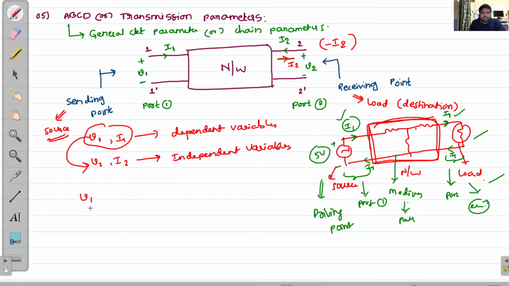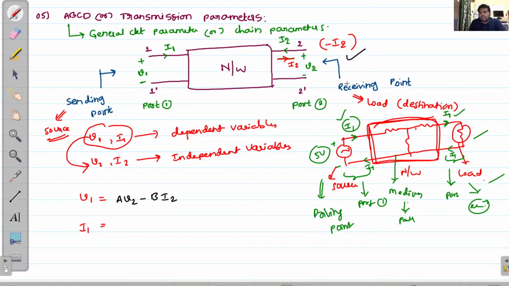Now we are getting V1, I1. So here V1 equals A V2 minus B I2. I already told you, whenever you are considering the I2 current, you take a negative, that means a minus sign. Why?